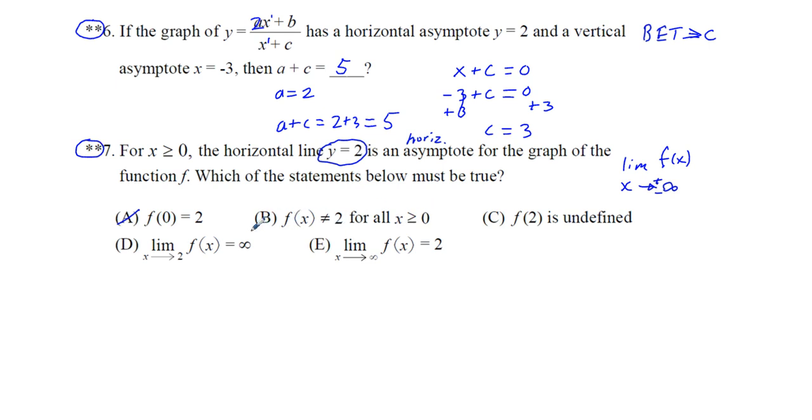Well, the function actually could equal 2, though often it does not. f of 2 is undefined. Well, it actually could be defined. Limit as x approaches 2. Well, that's Notecard 2, limits to a certain number. Well, our answer choice is E, because a horizontal asymptote is defined by limits to infinity.